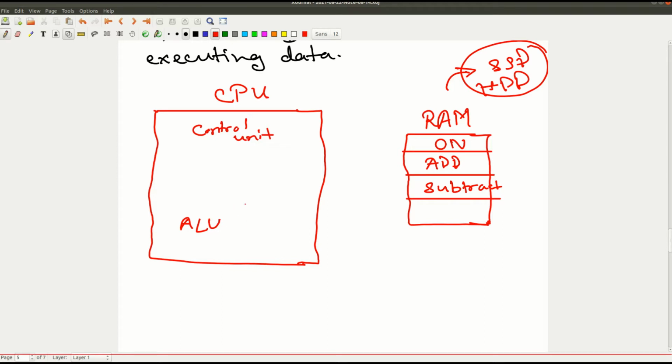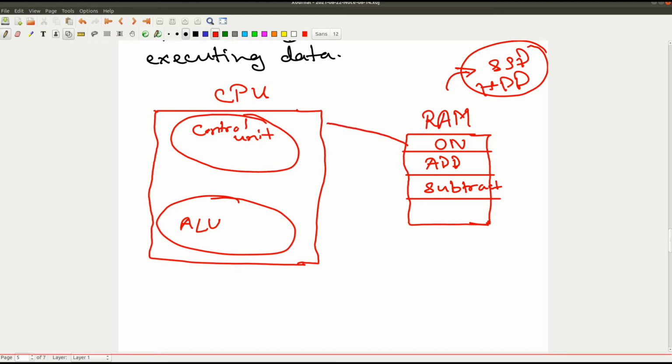So this is one part, this is another part. So RAM stores the instruction and it provides this to the CPU here. It fetches, okay. And what the control unit does, it decodes it.